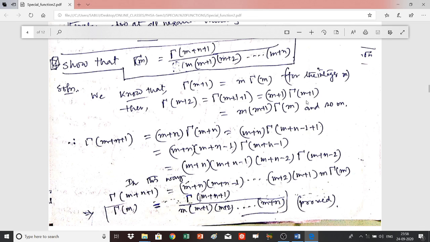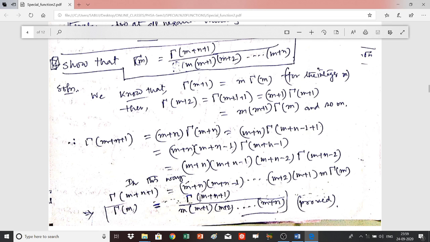And then furthermore, use the value of gamma m plus 1 in this expression. That will finally give you gamma m plus 2, that is equal to m gamma m, so m, then this value m plus 1, then gamma m, and so on. So you can write this term gamma m plus n plus 1, that is, this is an integer plus 1. So that will give you m plus n first, then gamma m plus n.